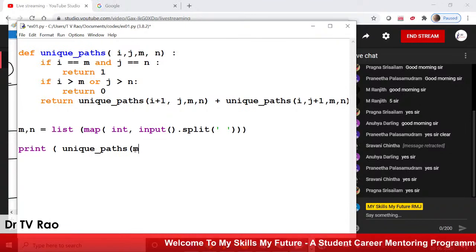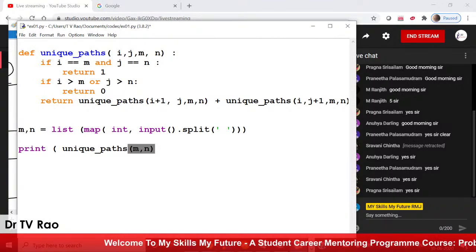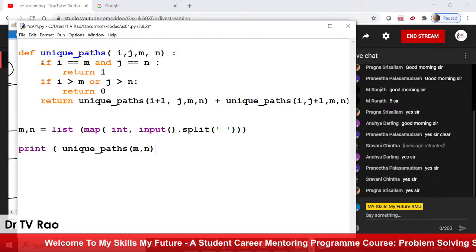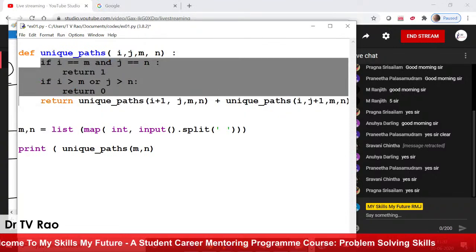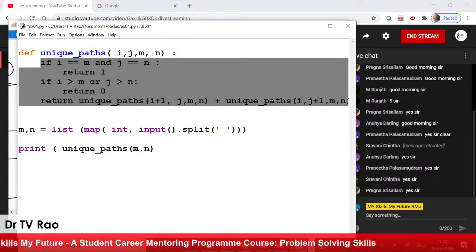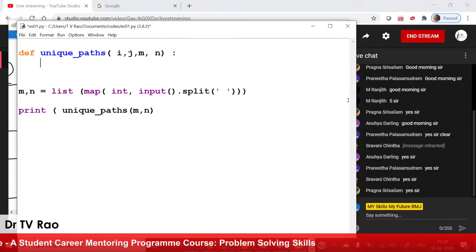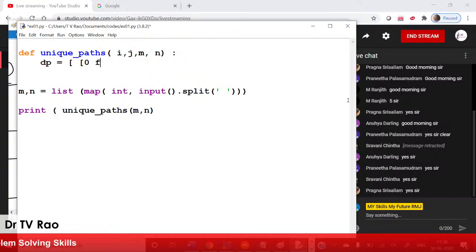So input is m and n. Now this is not a recursive one. Let us create a matrix, generally in literature called a DP matrix, with m rows and n columns, and put everything as 0.